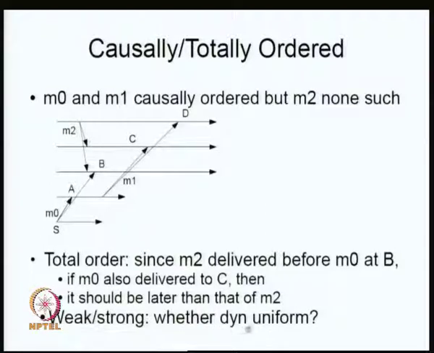So, we are saying that we want to guarantee those things with respect to those processes also, then it is dynamically uniform. If you are only talking about guaranteeing this with respect to surviving processes, then that will be a weaker model, or a non-dynamically uniform model.